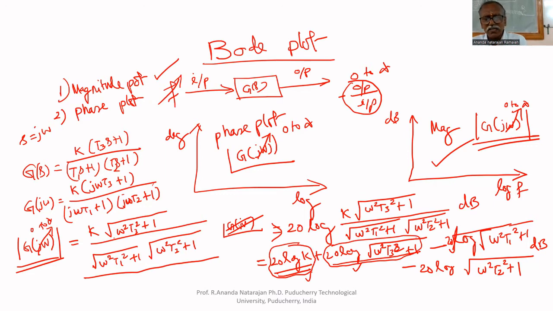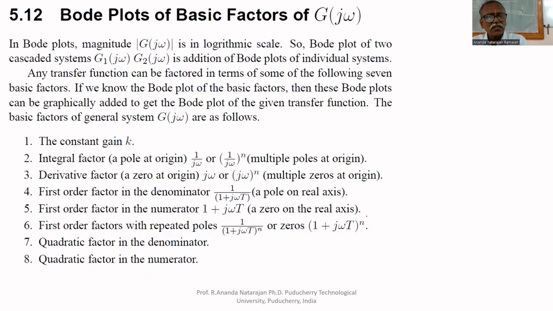So what is the plot for each factor that we have to see? If we do the partial fraction of any transfer function, you will get K separately.